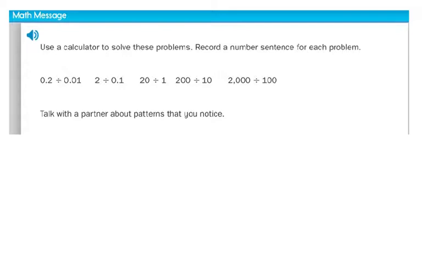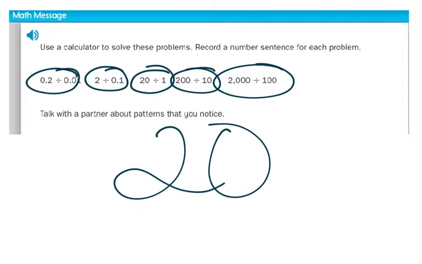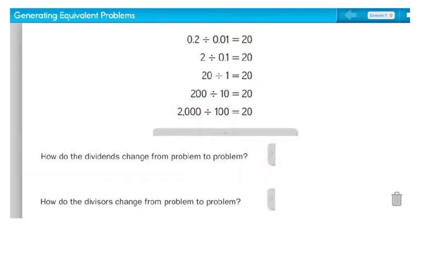What was your answer for each of those 5 number problems? Did you get 20 for everything? The answer is 20. Each of those gave a solution, or an answer, or a quotient of 20.